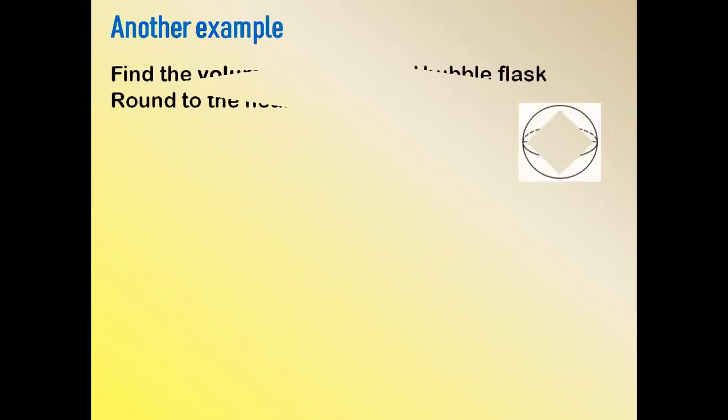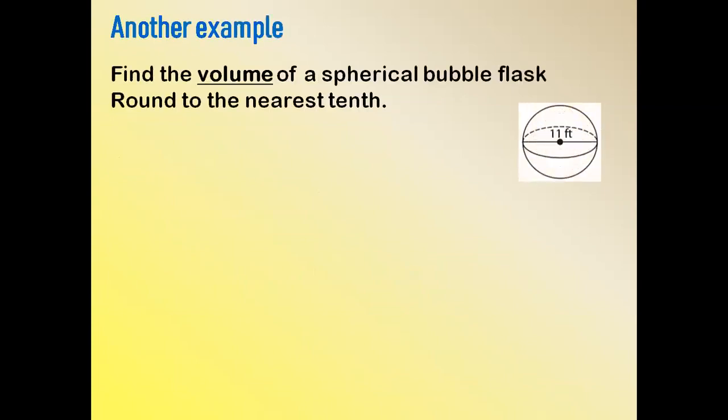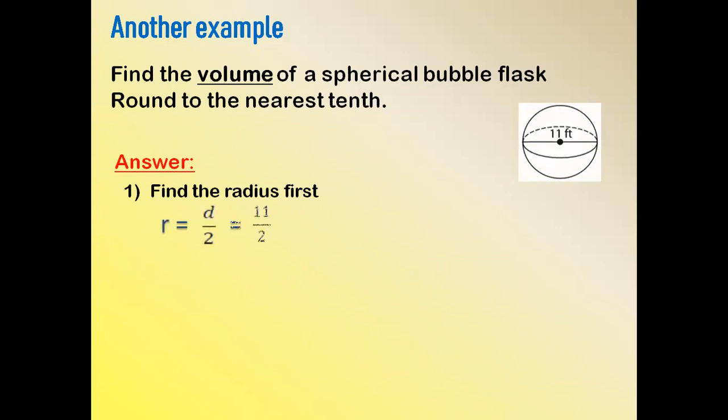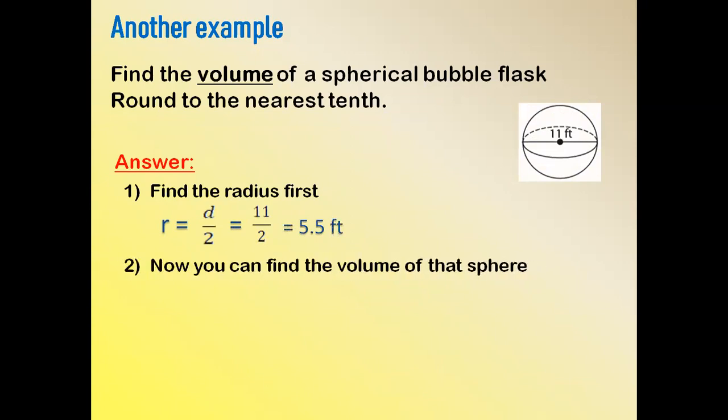Another example: find the volume of a spherical bubble flask, rounded to the nearest tenth. Here we have a diameter. It is 11. So this is a diameter, so I have to get the radius first, which is r equals diameter over 2, which is 11 over 2, and gives me 5.5 feet. Then I'm going to put it inside our rule.